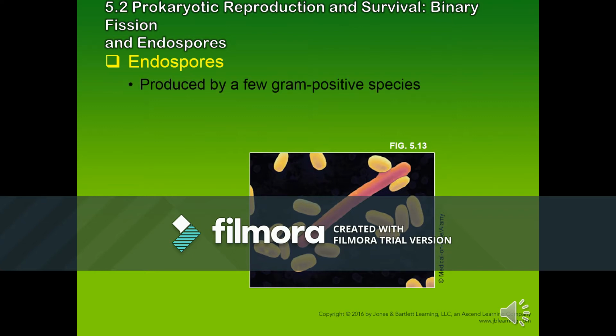These are generally only produced by some of the gram-positive species. And you can see there, compared to the mother cell, those free endospores are quite a bit smaller than the mother cell is.